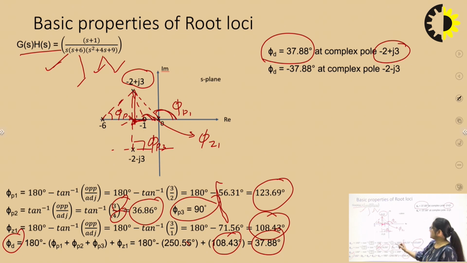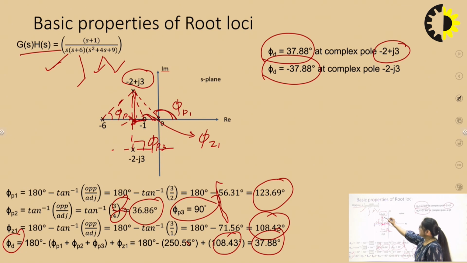Similarly, if you find it for -2 minus J3, you will get the conjugate, that means with a negative sign. When worked out, you will find that phi d is minus 37.88 degrees.